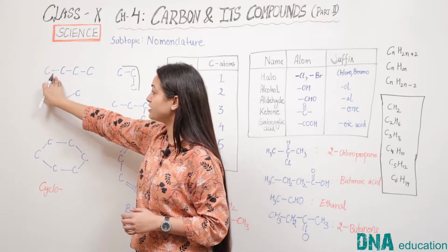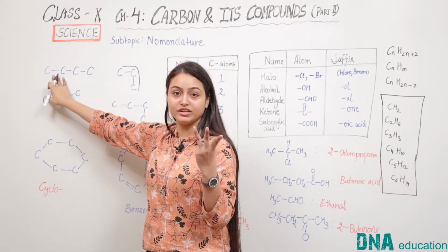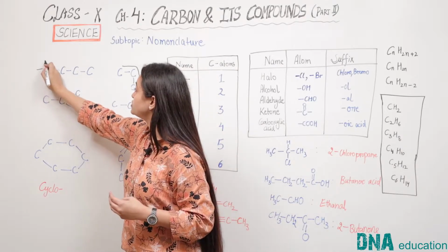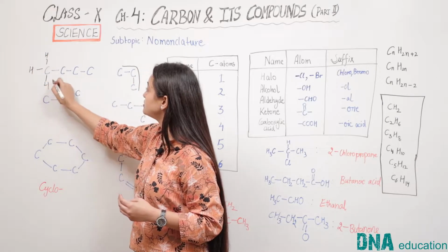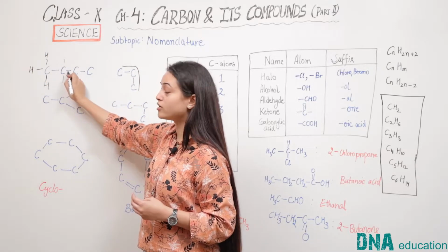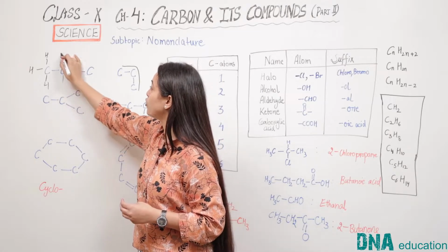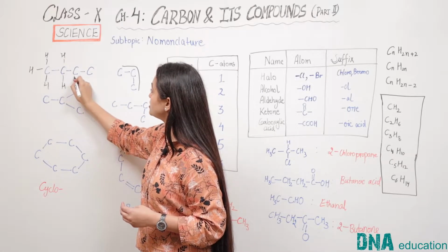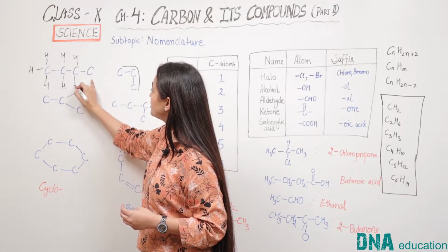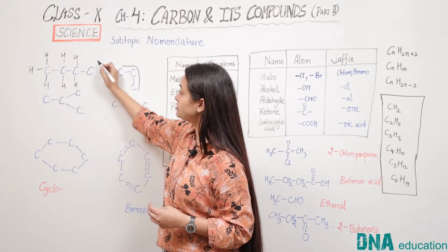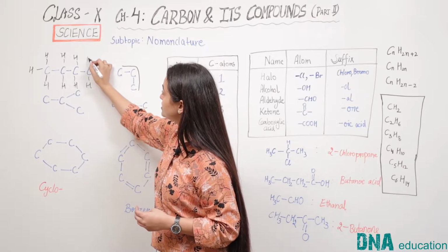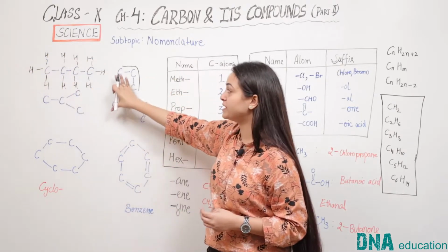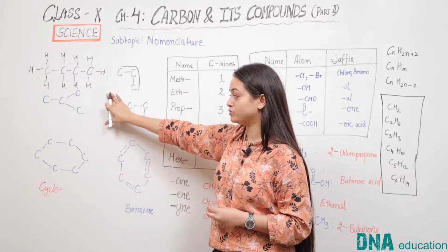For example, here carbon is having 1 bond, we need 3 more bonds, so we will join it by 3 hydrogen atoms. This carbon has 2 bonds already, so we need 2 more hydrogens. Same is the case here, and again this is having 1 bond, so it needs 3 more bonds. In this way, this is called the complete structure of the compound.